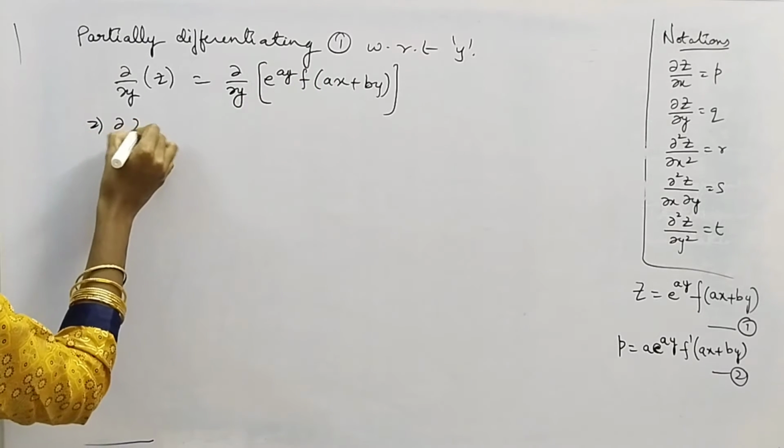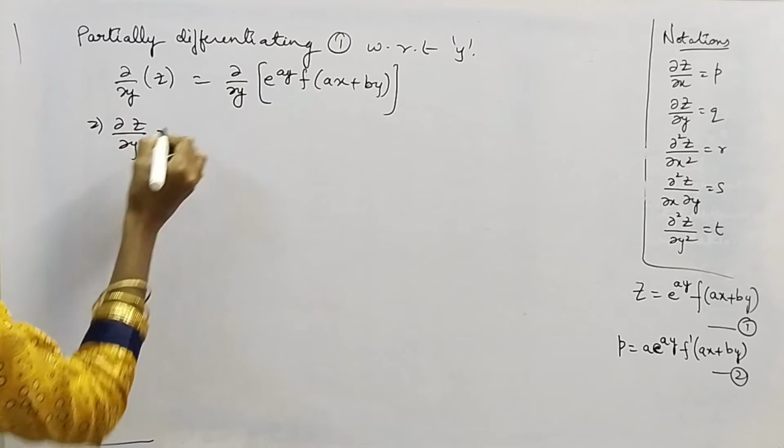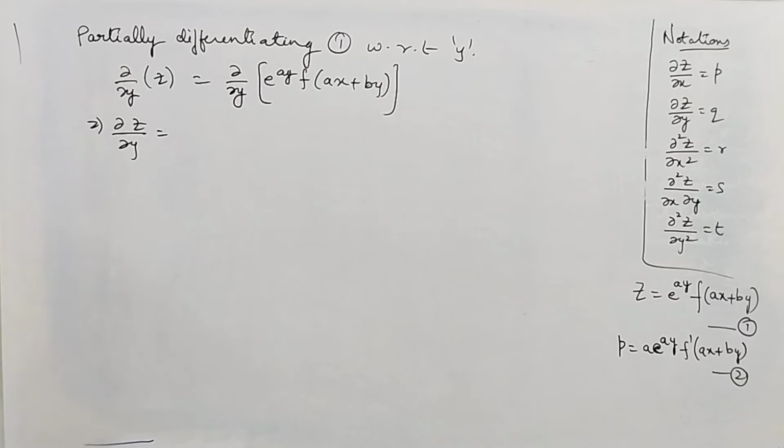This gives us dou z by dou y equal to, here we are partially differentiating with respect to y, so we'll treat x as constant, okay?